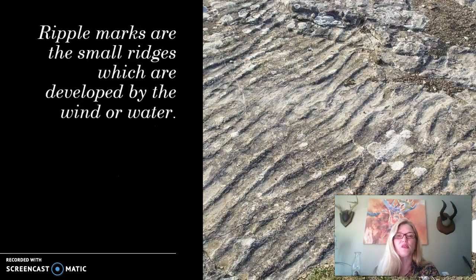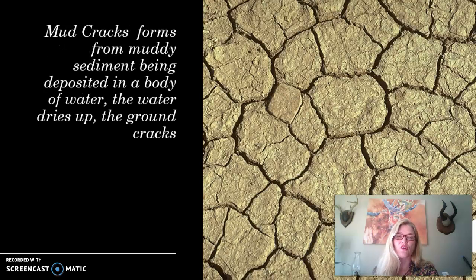The ripple marks are small ridges which are developed by the wind or water. And then mud cracks actually form from muddy sediment being deposited in a body of water. The water dries up and the ground cracks.